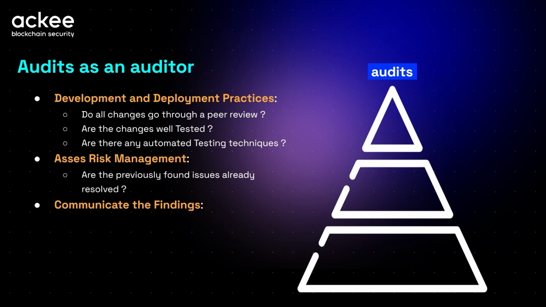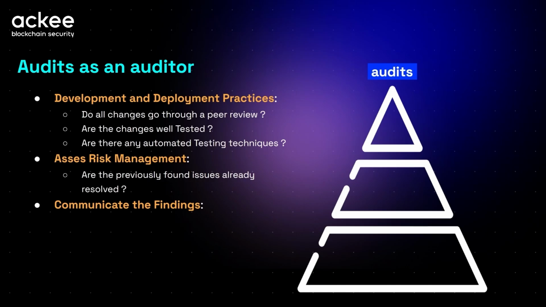What is then really important? Communicate the findings. Communicate the findings correctly. The critical and high security issues, communicate as soon as possible. If the protocol is already online during the audit, this can happen because this can be the second, third, fifth audit of the already deployed protocol. Take responsible actions to prevent any leaks.